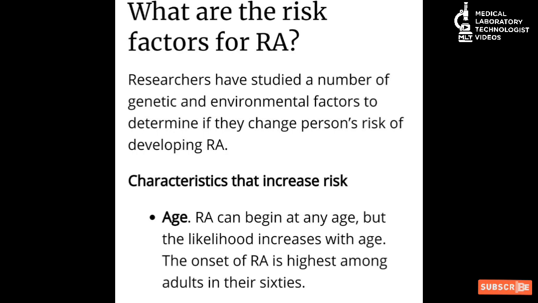The onset of rheumatoid arthritis is highest among adults in their 60s. So as people become older, there is more risk of rheumatoid arthritis appearing. Age is the first risk factor for developing rheumatoid arthritis.